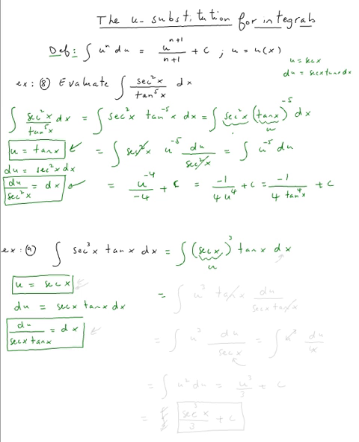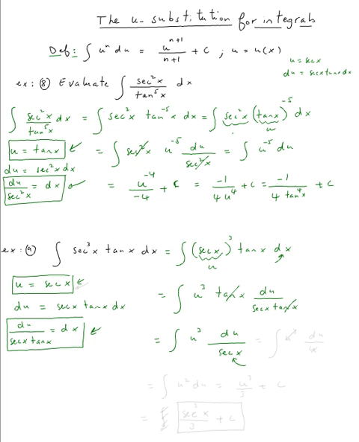So we need this and we need that. If we do that, we'll get the integral. We know secant is u, so this is u cubed, tangent of x, and I know my dx is right here, which is du over secant tangent. Now, tangent goes with the tangent, which is good, and this is equal to u cubed du over secant x.